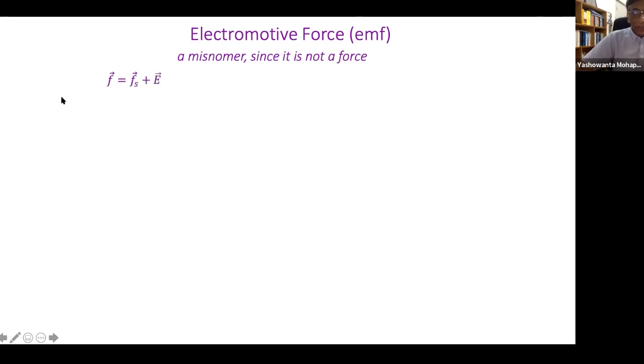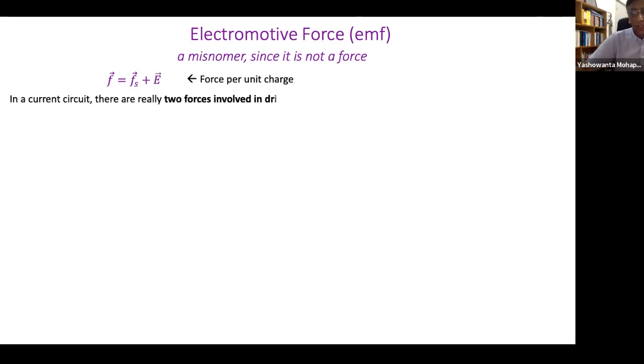So the force per unit charge can be from the source or from the electric field that you have seen. So the total force can be both. In a current circuit, there are really two forces involved in driving current, as we have already discussed partly in the last lecture.